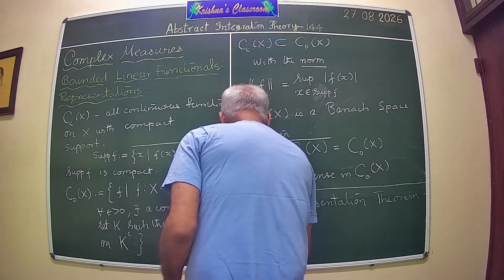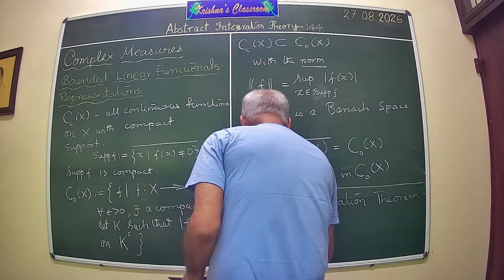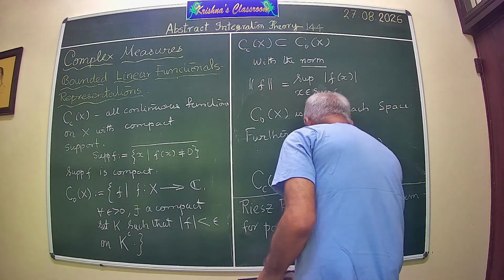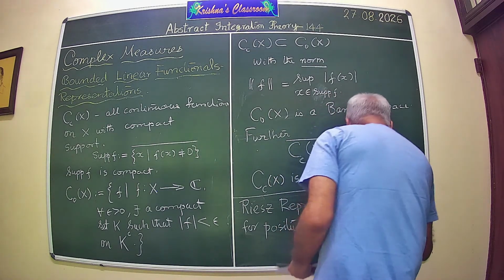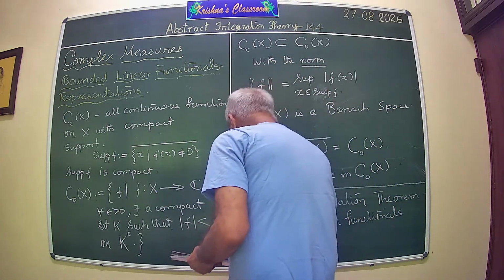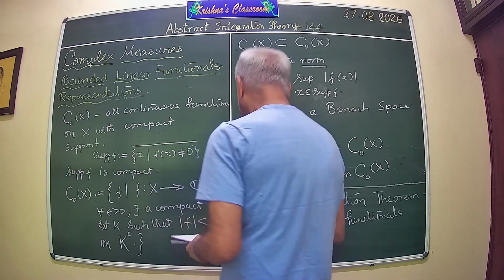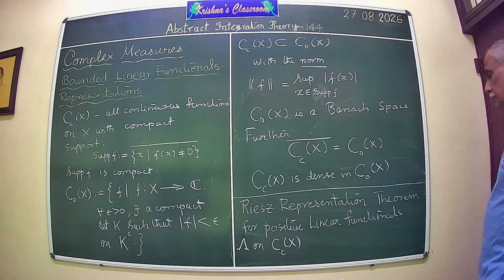For positive linear functionals, which means the following: you should take a positive element, a non-negative element of CCX.